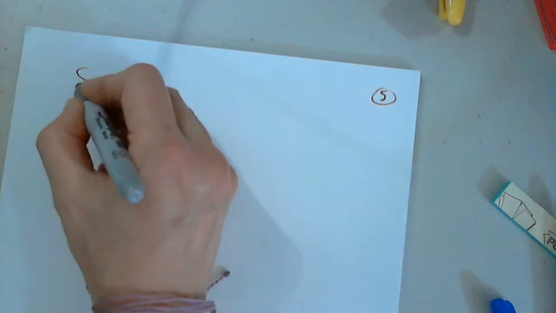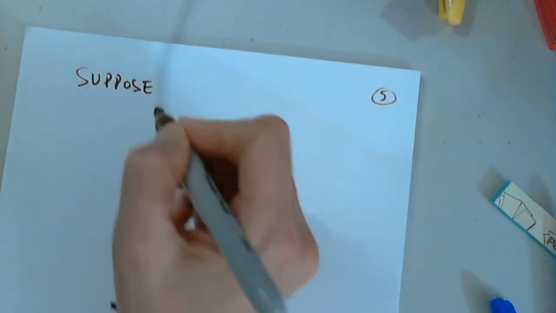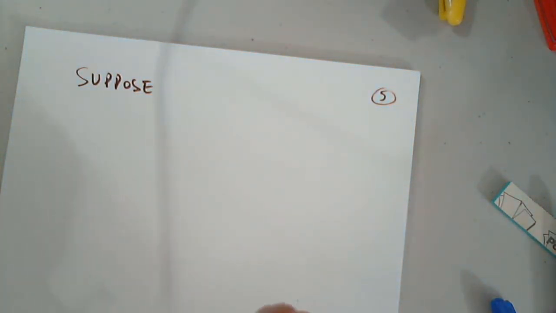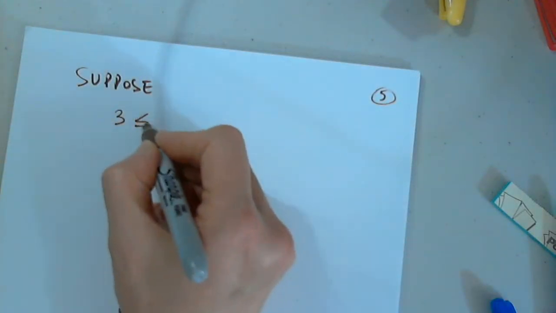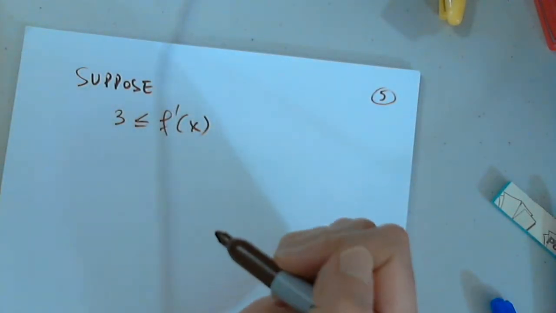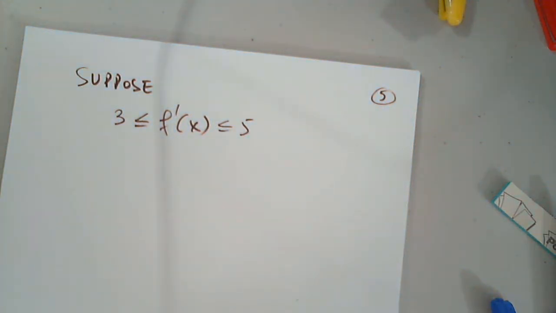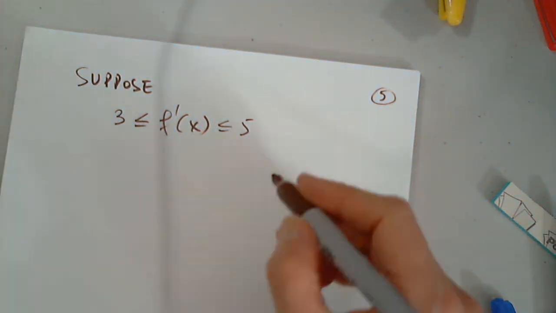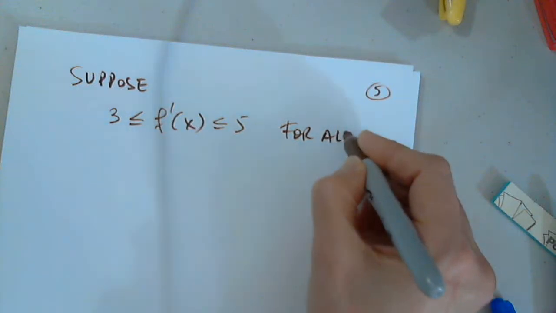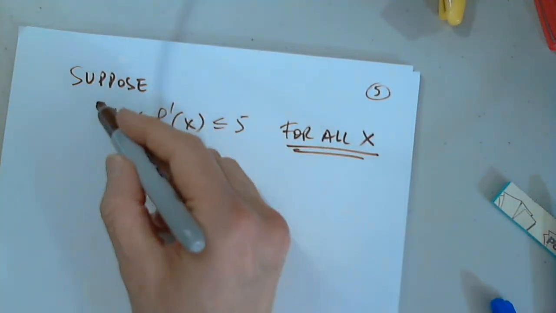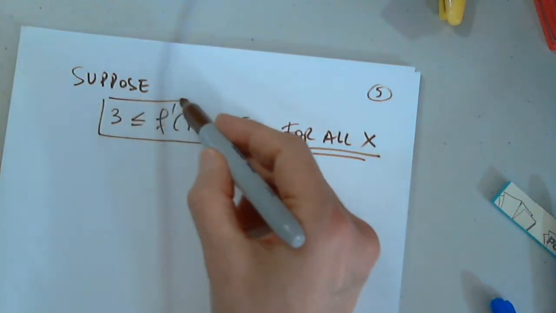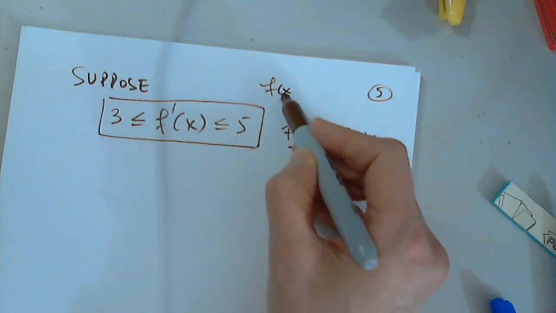We are given, suppose, that we have 3 less than or equal to f prime of x, less than or equal to 5, for all values of x. So this relationship happens for this function, f of x.